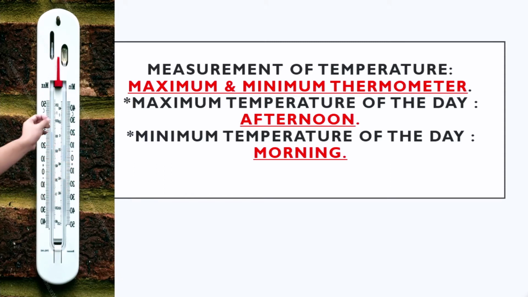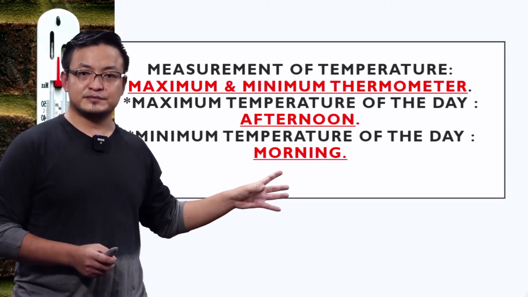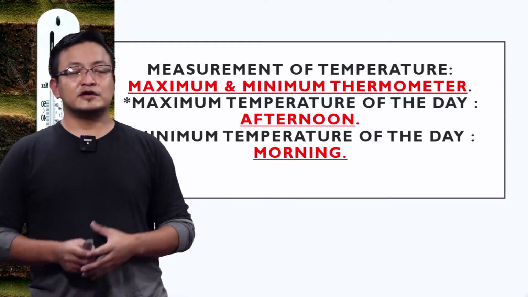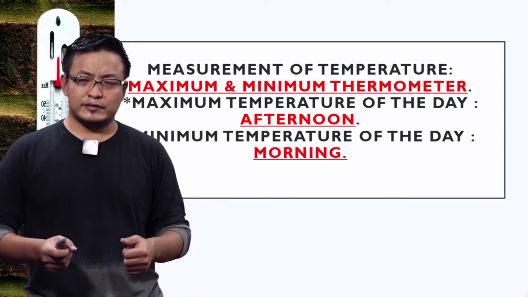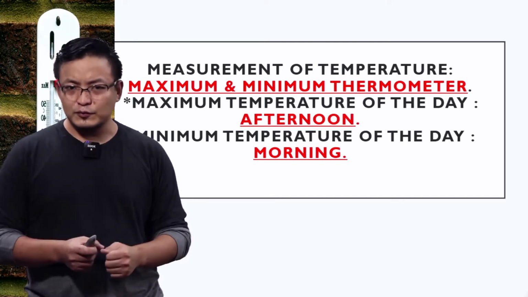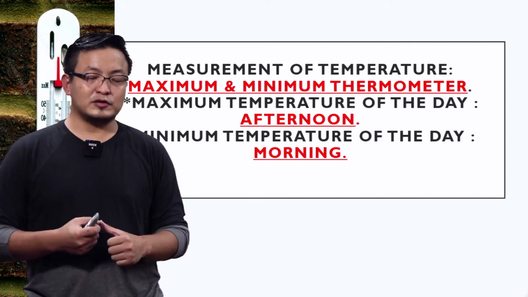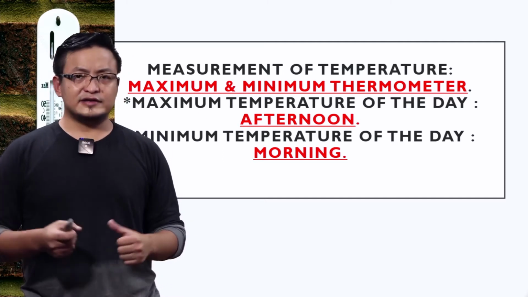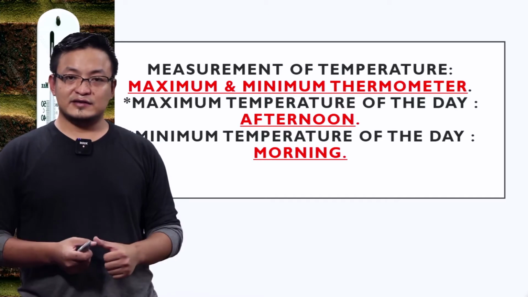With the help of this, temperature is measured. Students, in the early morning when you wake up, it is usually cold, right? But in the daytime, let's say in the afternoon, it is sunny, right?